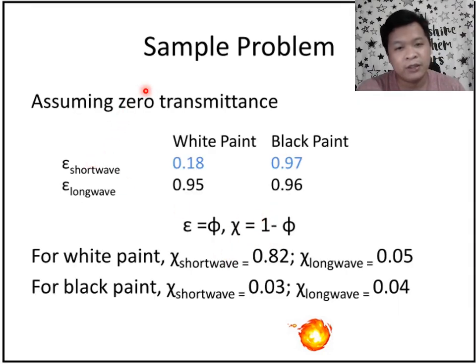And if you were to assume zero transmittance, therefore the reflectivity is equal to 1 minus the emissivity niya, no? So therefore we could see na mas marami kang mare-reflect na heat sa white paint versus black paint.